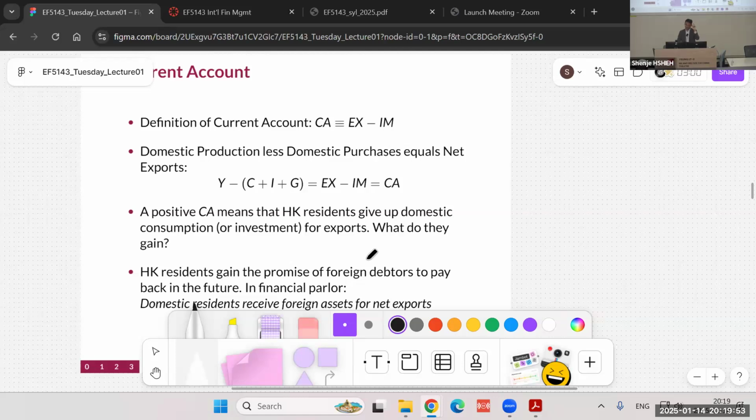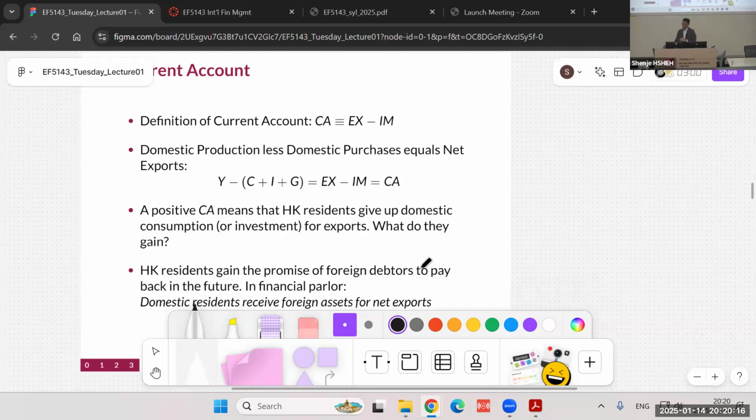So let me recap. The first way is through commodity flows, exchange of goods and services. The second way is through savings abroad, which I will prove to you mathematically. And the third way is through the pass-through channel. How do changes in exchange rates lead to changes in the current account?